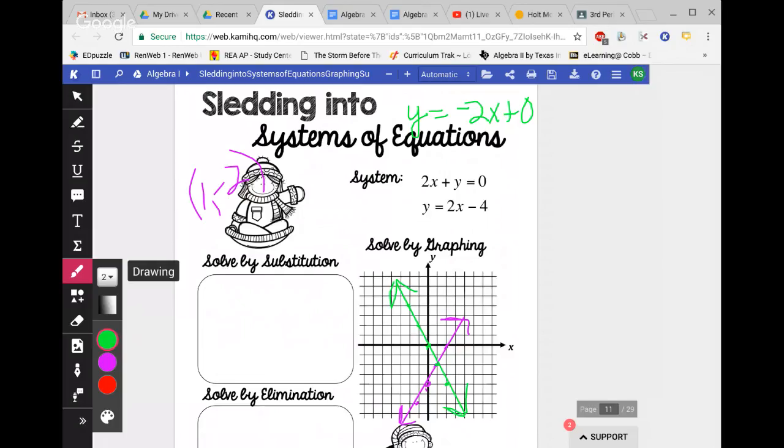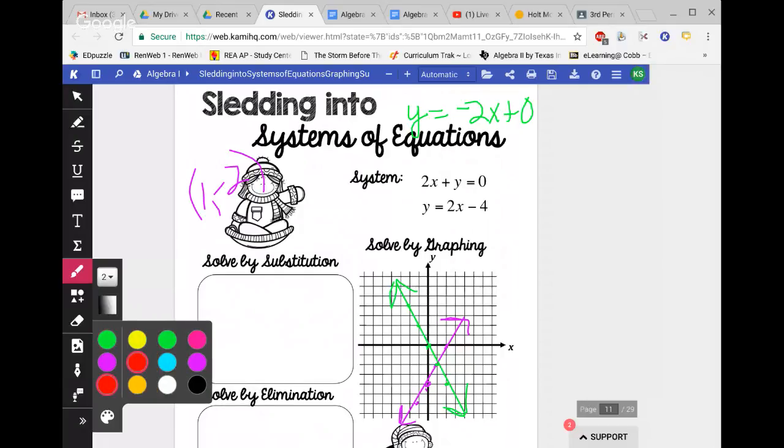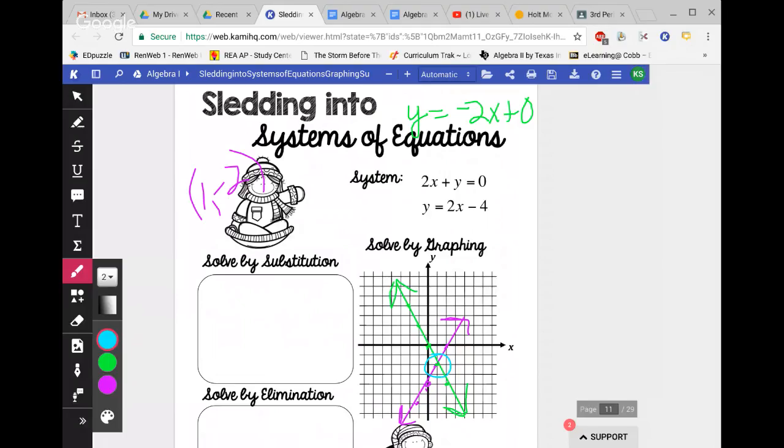Where the two lines intersect should be the solution to the linear equation, and it is at (1, -2) because we go over 1 and down 2.